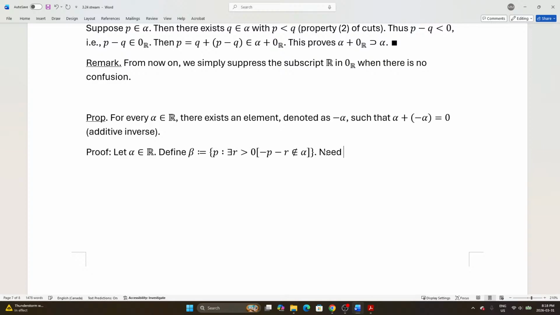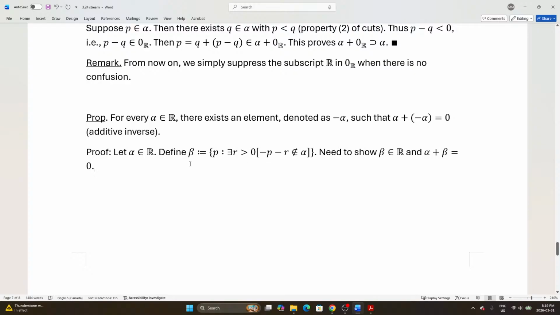I need the cut properties again: beta is in the reals, and the identity holds, alpha plus beta is equal to 0. I'm not going to bother writing 0R anymore. So that's the plan here.